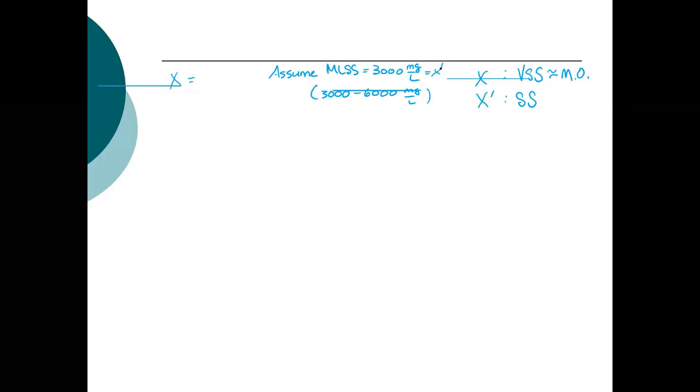We need to know X, and X is typically about 0.7 times X prime. It's about 70%, so there's about 30% inorganic matter in this mixed liquor. So we'll start with 3,000. We'll see if that is appropriate.